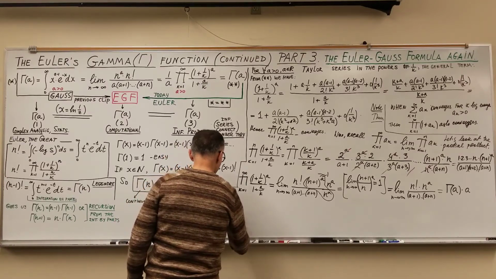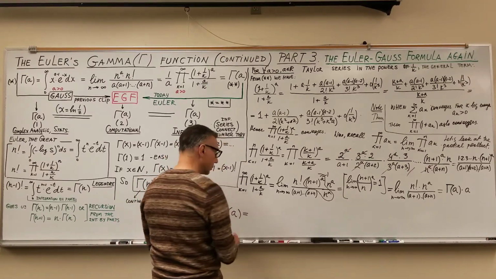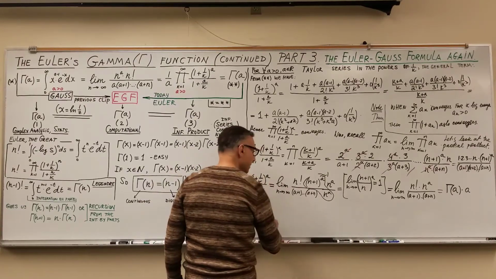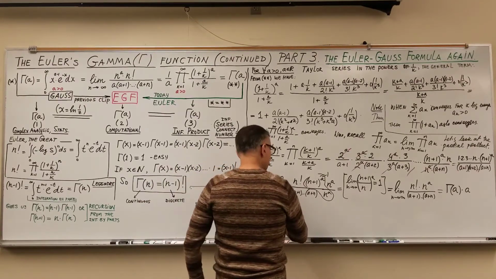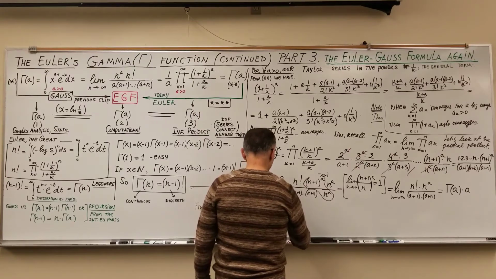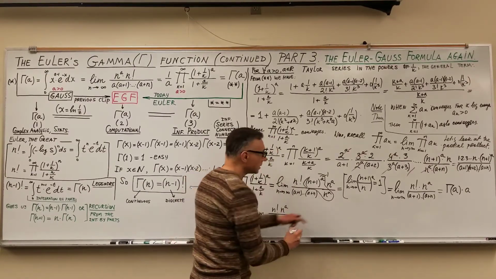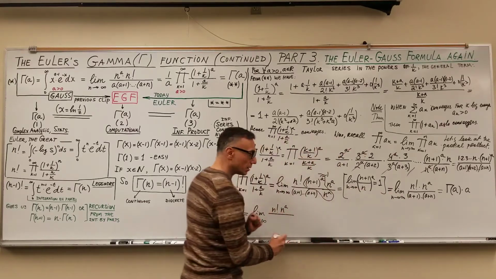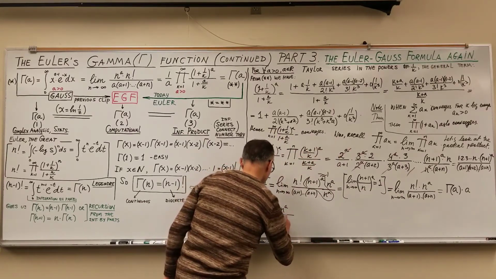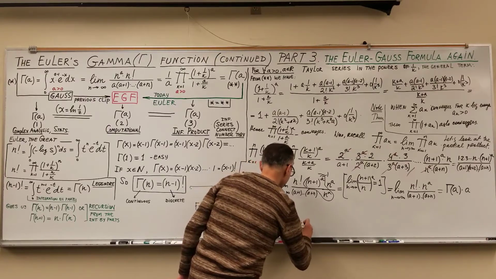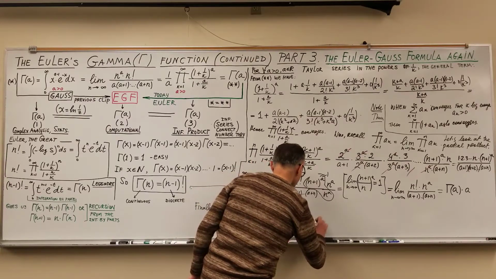So finally, the gamma function is equal to this limit when n goes to infinity of n factorial times n to the power of a, divided by, bringing the a term here, a, a plus 1, a plus 2, up to a plus n.